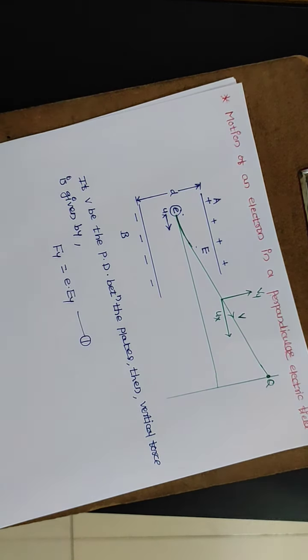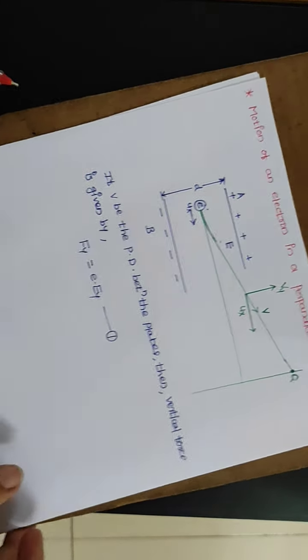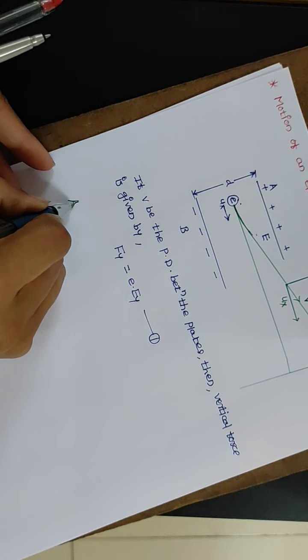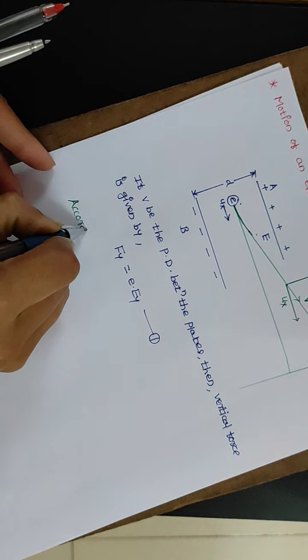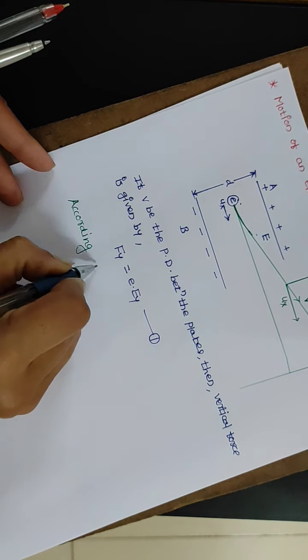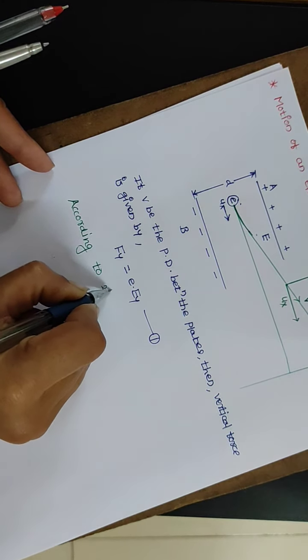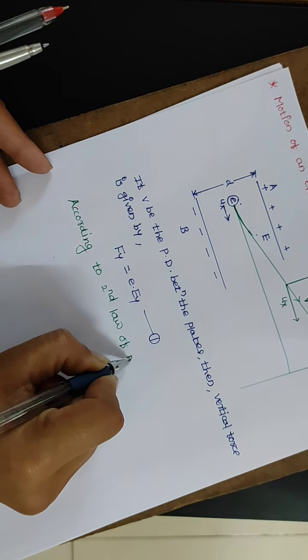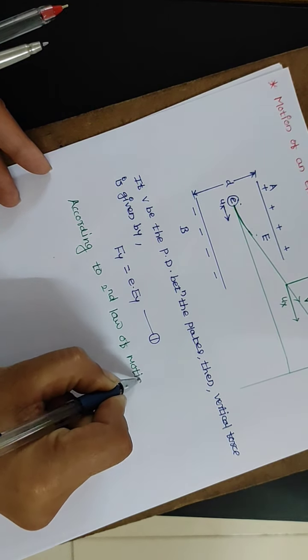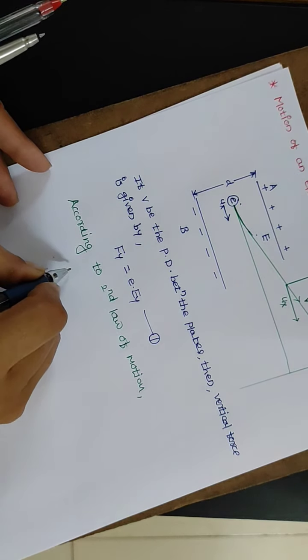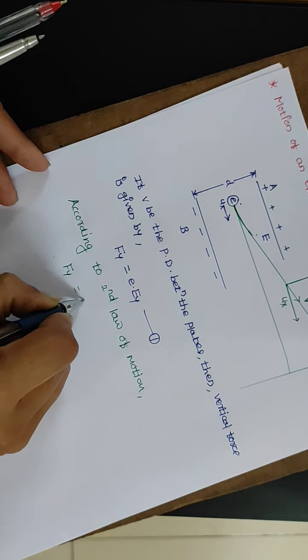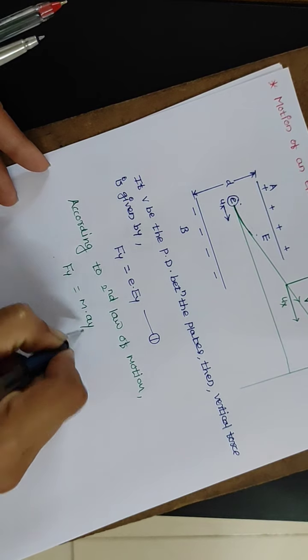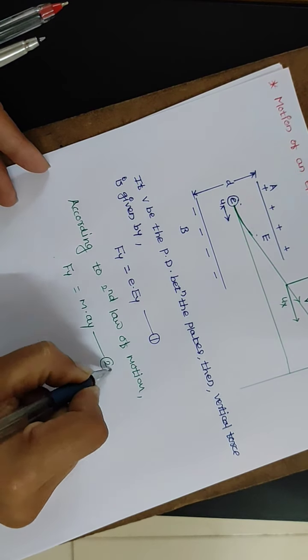Now, according to Newton's second law of motion, we can write Fy is equal to m into ay. Give this equation number 2.